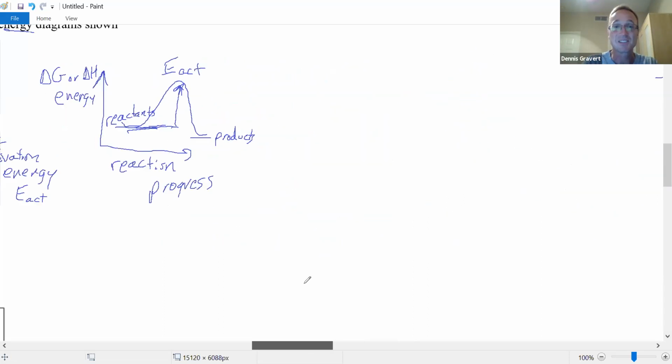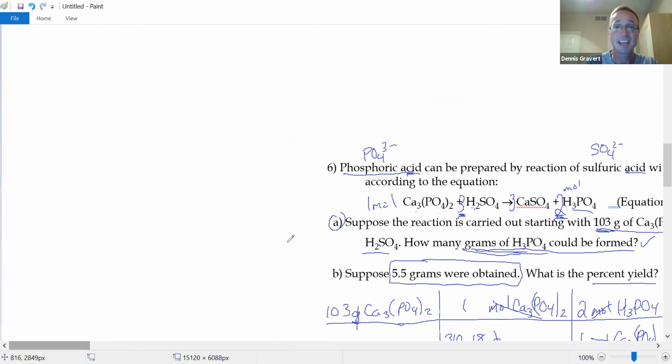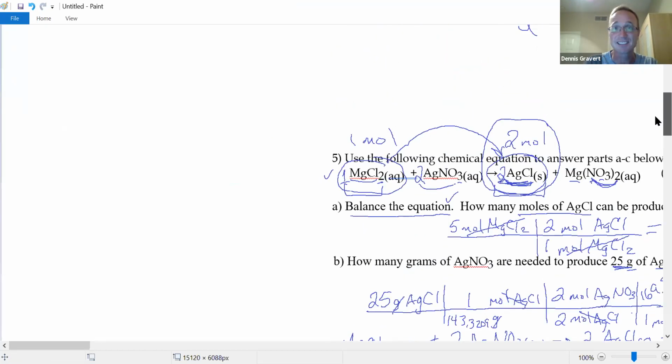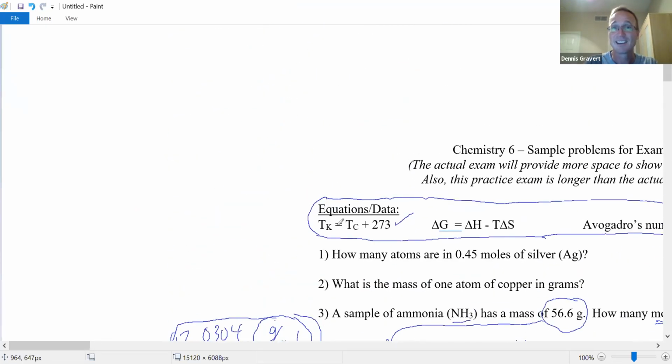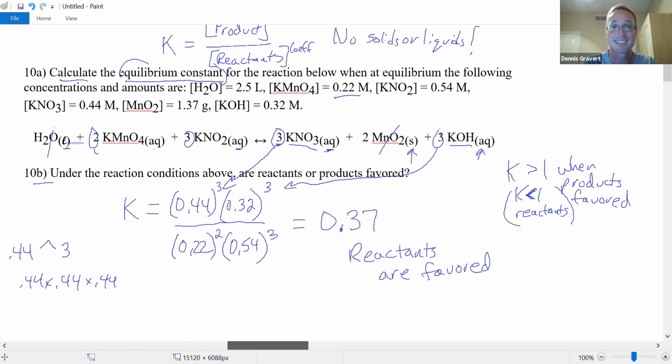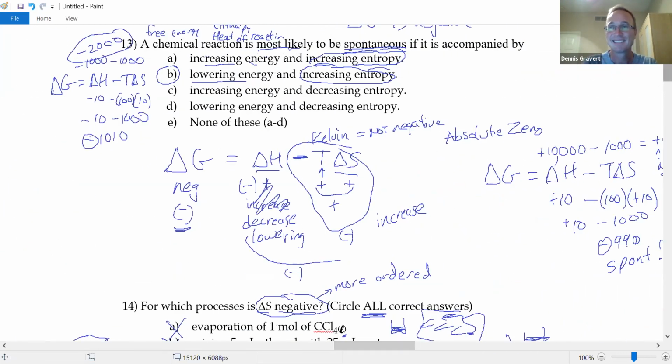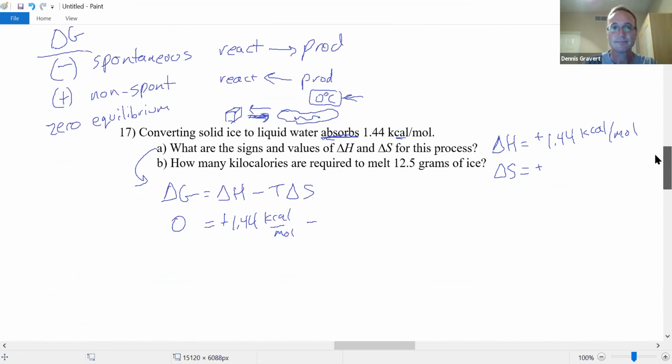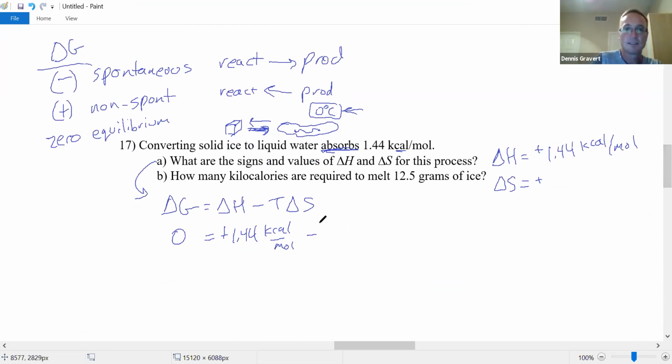So go back to the top of the exam and find out how to convert Celsius to Kelvin. All you do is take the Celsius temperature and add 273. So if we're at 0 degrees Celsius, that's equal to 273 Kelvin. Cool. So thank you, equations at the top of the exam. Okay, T then is equal to 273 Kelvin.